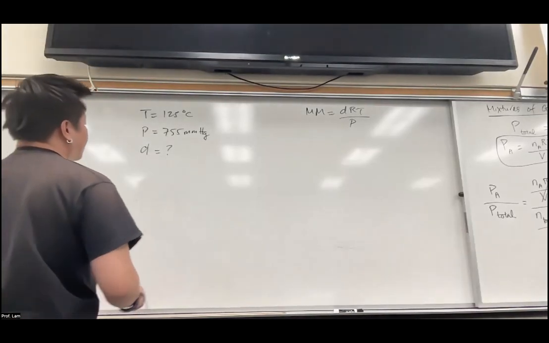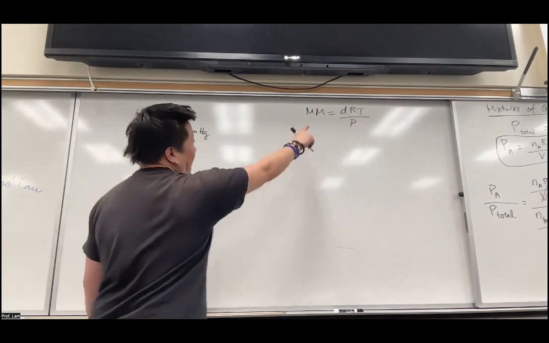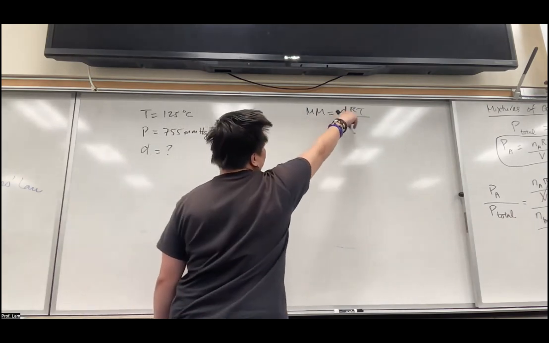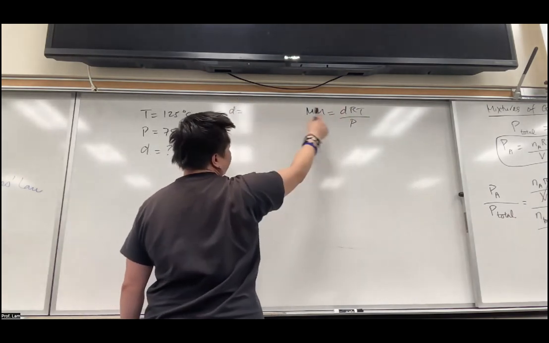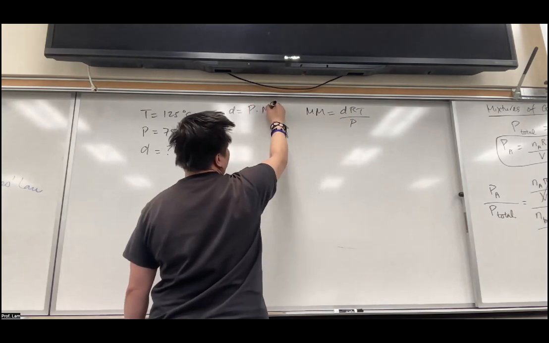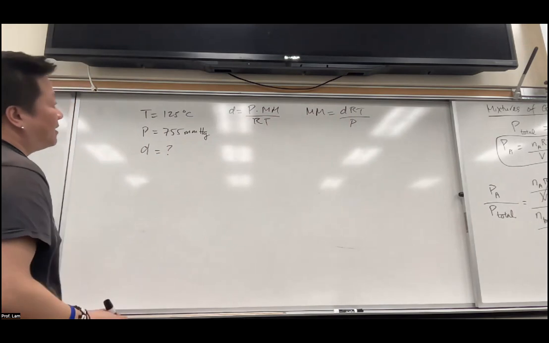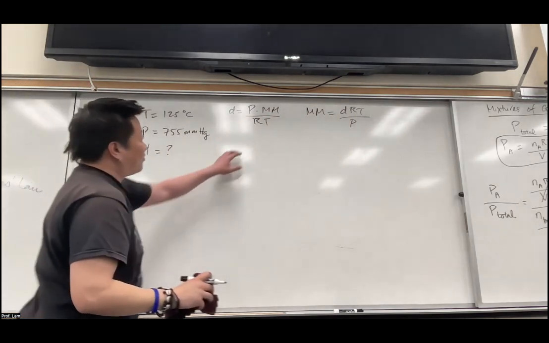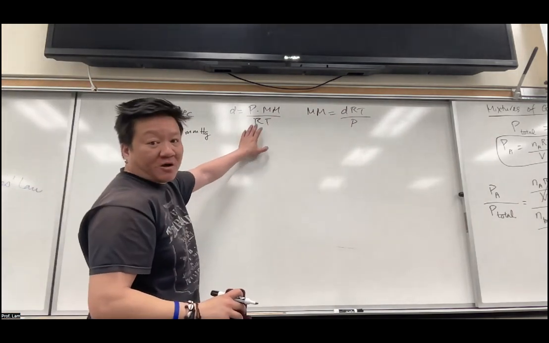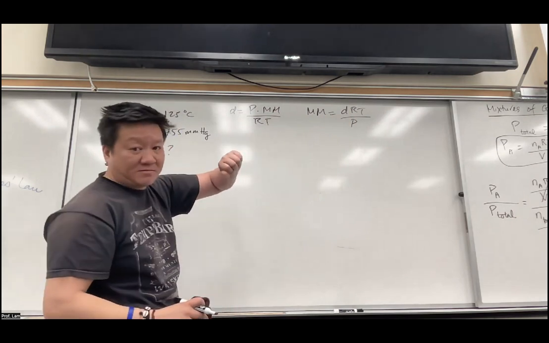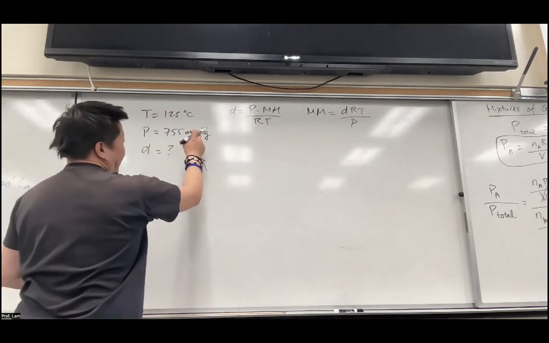All right. So what is the density equation? I have the molar mass one up there. We just need to solve back for D. So D is pressure times molar mass over RT. But remember, because you have R here, all of your units now need to be in liter, Kelvin, and atm.